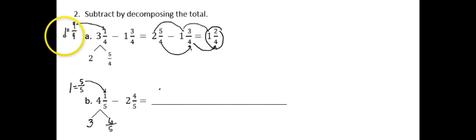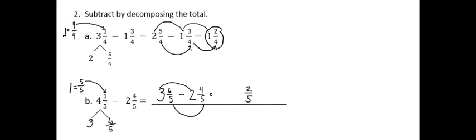My new problem then is 3 6/5 minus 2 4/5. Now I can subtract my fractions. 6/5 minus 4/5 is 2/5, and subtract my whole numbers. 3 minus 2 is 1, for a final answer of 1 2/5.